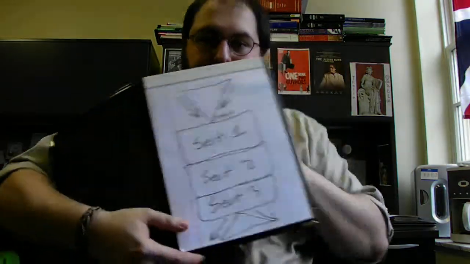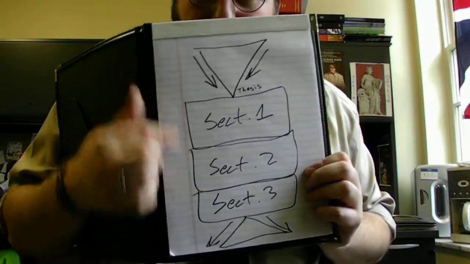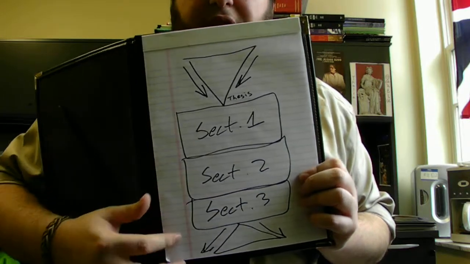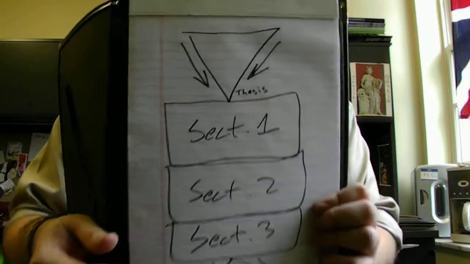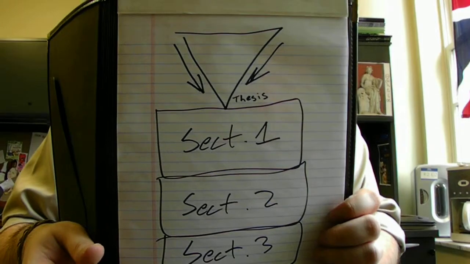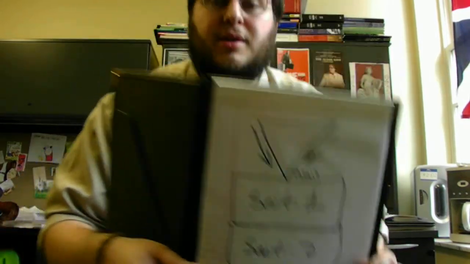Which is not necessarily a bad structure in and of itself. And the problem becomes you get to these 3 sections, each section of which ends up being disconnected, each section of which tries to prove its own point.